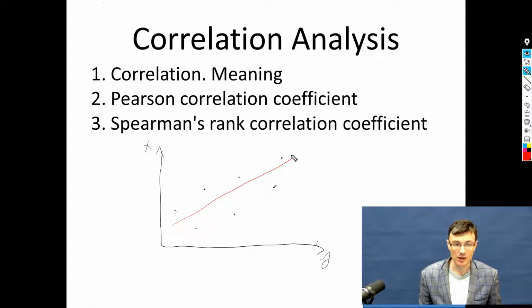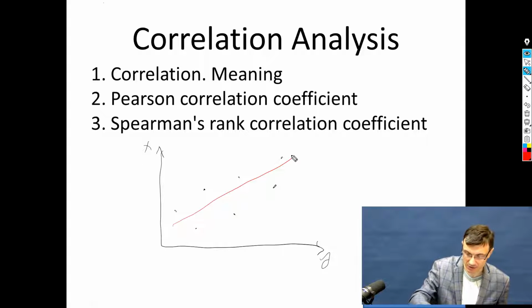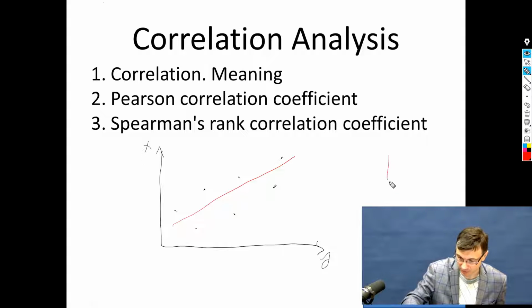So we have some of this, and this is the tangent of this value. It's positive dependence. It may be like that, negative, if we have points like that.